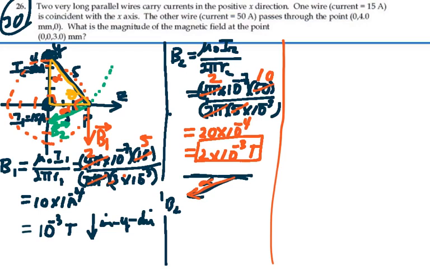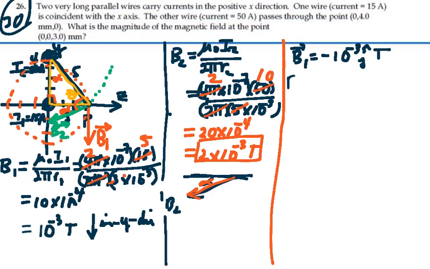So if we were to write these two as vectors, B1 would be actually totally in the negative y direction, and it would be equal to negative 10 to the minus 3 j Tesla.